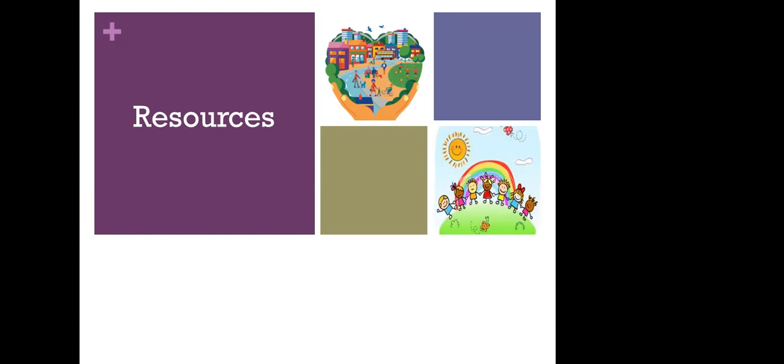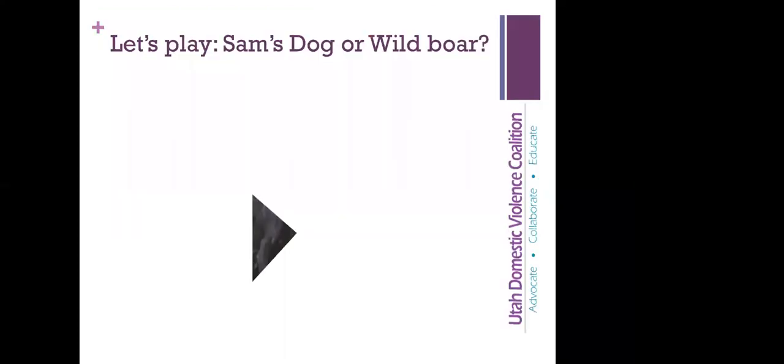So we are at our resources portion of the webinar. All right, so we have today's game, and yes, it is a special edition because we have Sam here. Just like every week, in that chat box, we're going to type what we think this picture is of. Do we think that this picture is a picture of Sam's dog?